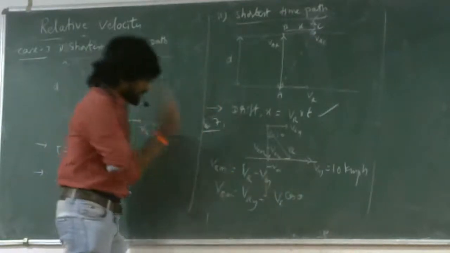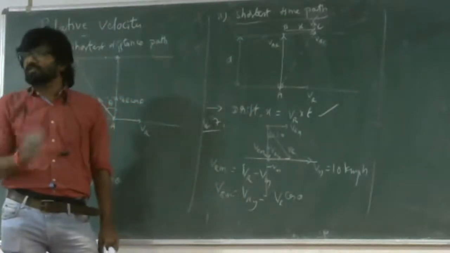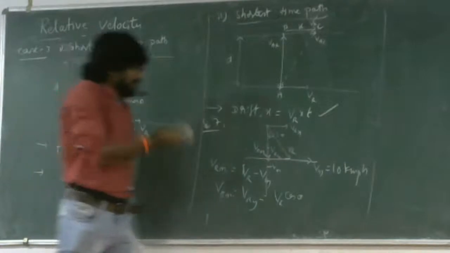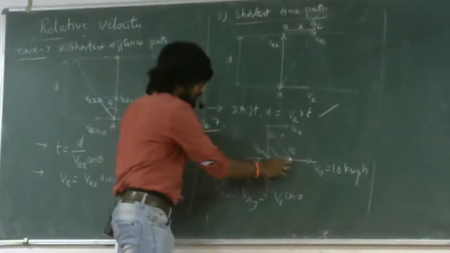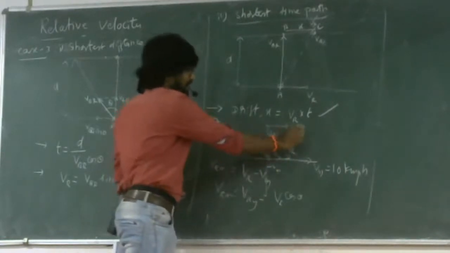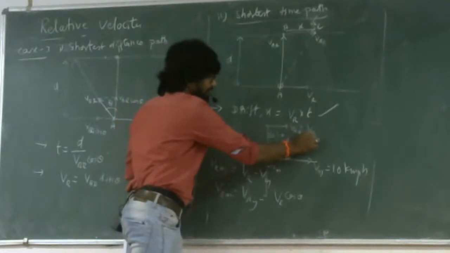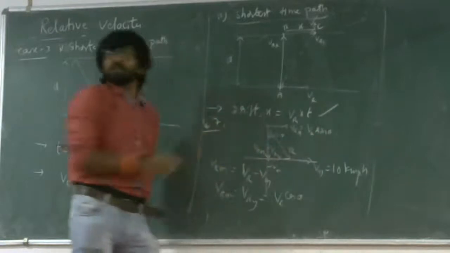But Vr is unknown, Vrm is also unknown, theta is only known. So with the help of this you cannot find Vr. But the other one, Vrx, is parallel to this. Vrx is nothing but Vr sin theta.